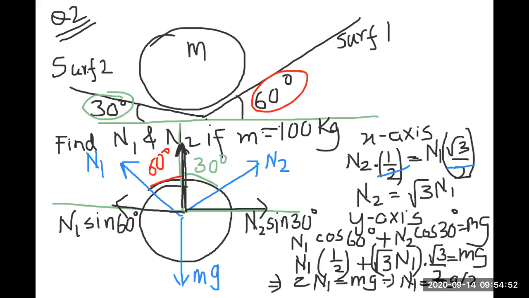And if n1 is equal to mg by 2, then n2 must be equal to root 3 mg. Right? And now you can put in the values of m.